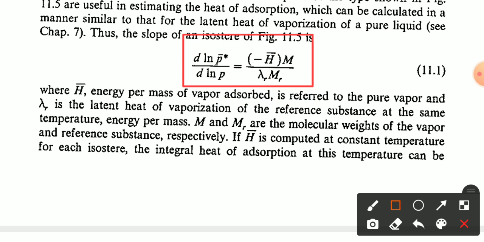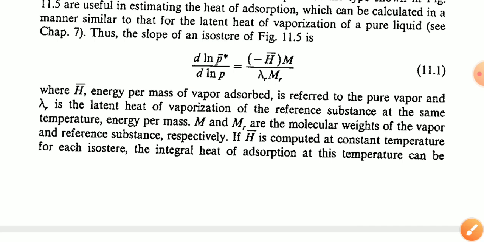What is H bar? Energy per mass of vapor adsorbed. d ln P bar / d ln P = -H bar M / (lambda R M_R), where H bar, the energy per mass of vapor adsorbed, is referred to the pure vapor, and lambda R is the latent heat of vaporization of the reference substance at the same temperature.